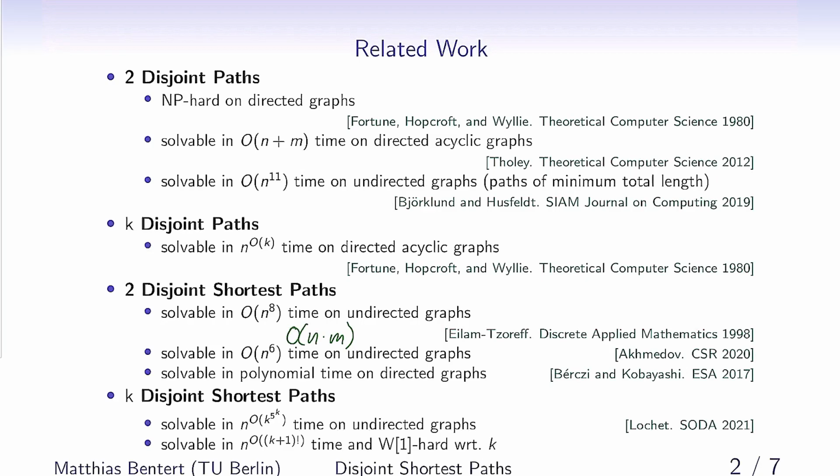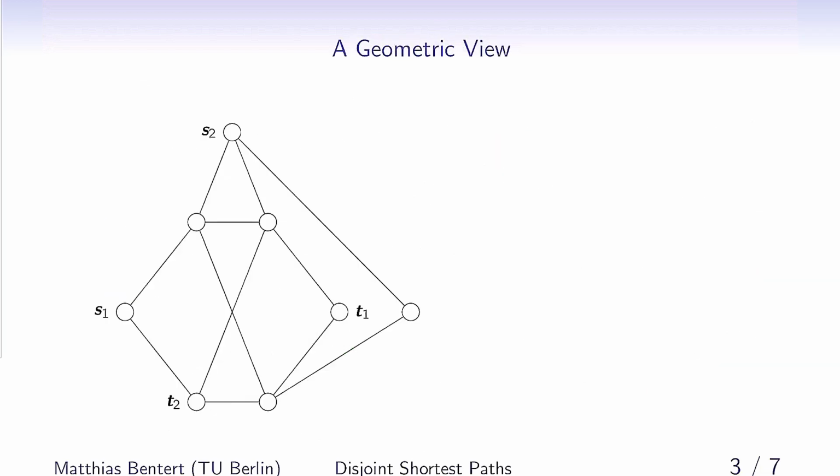So our algorithm, as the title suggests, is based on a geometric view on the whole problem, and this I want to explain next. So this is the same graph as in our example in the beginning, and now we identify with each vertex a vector, and each entry of this vector represents the distance to one of our starting terminals, s1, s2, and for larger k also s3, s4, and so on.